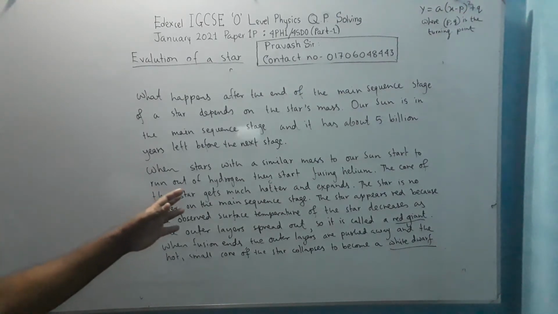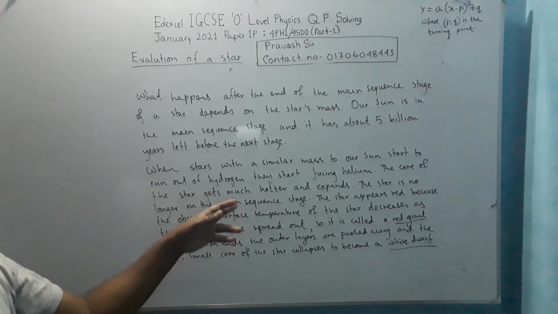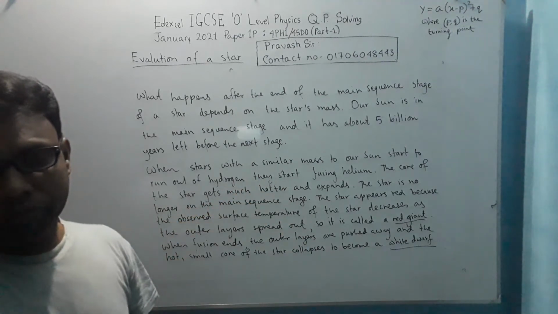When stars with a similar mass to our sun start to run out of hydrogen, they start fusing helium.